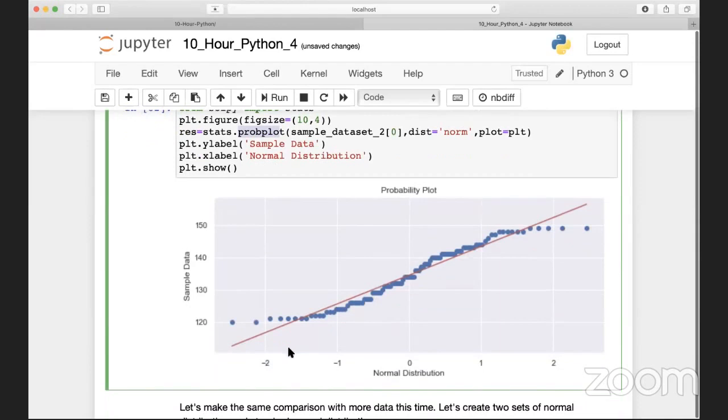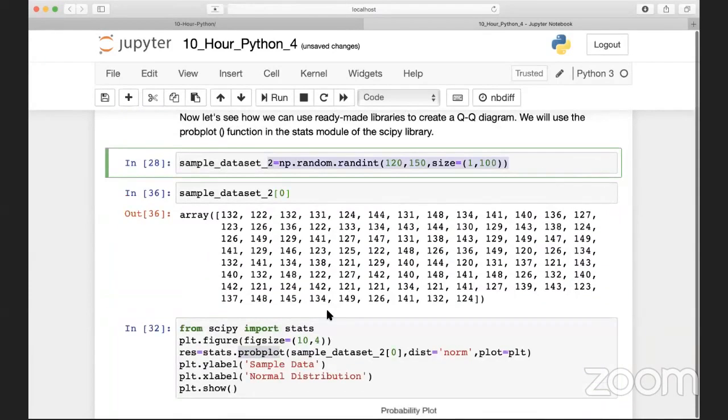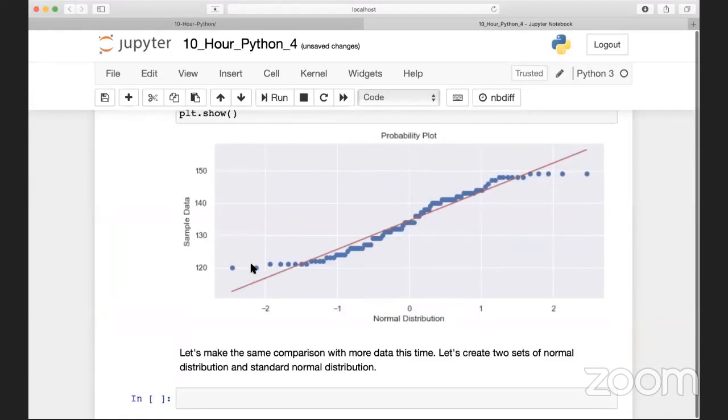And what we see is that we have an automatically generated 45-degree line represented by the red line here. The blue dots are the sample data that I generated by using this code. So what I see is the deviation from the 45-degree line. When I say deviation, it's a bit of a vague word.